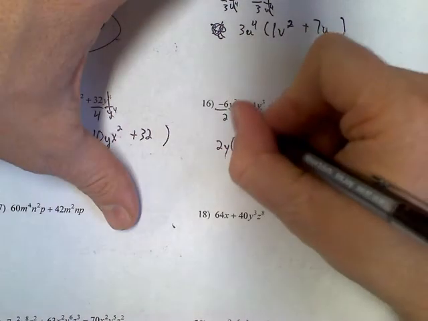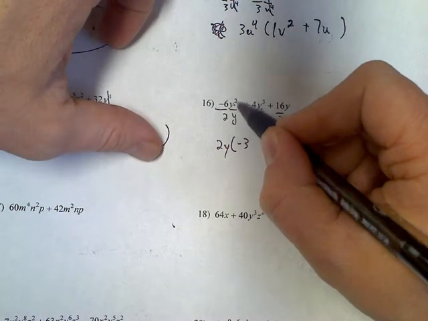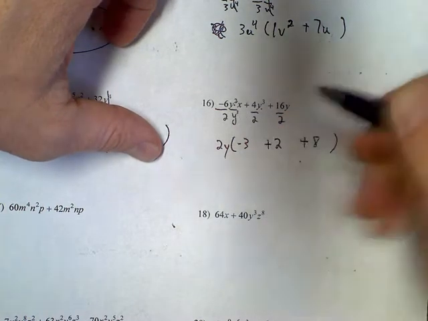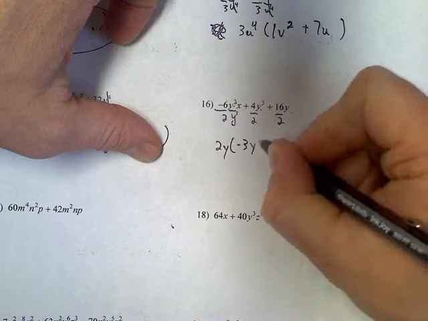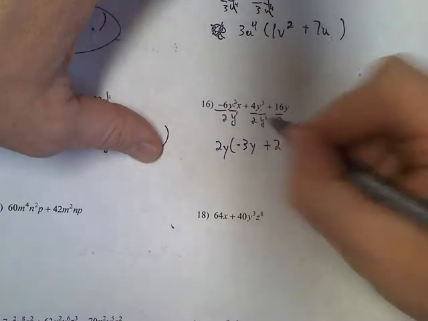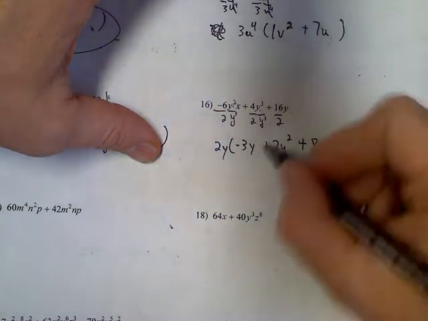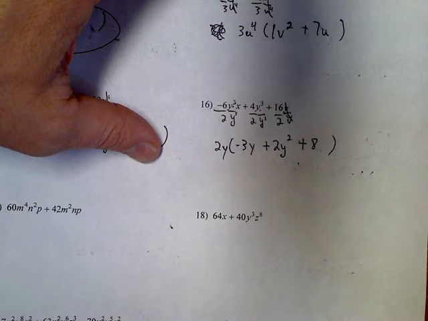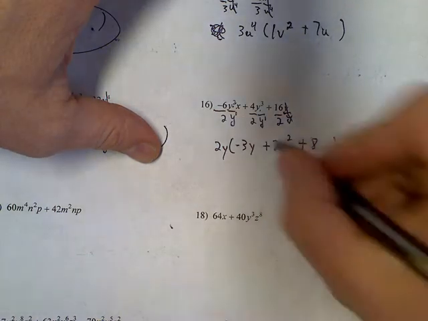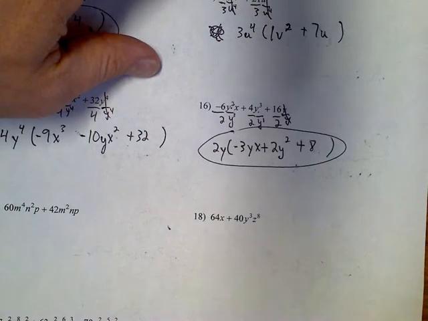So if I divide by a y, 2 minus 1 would give me 1, so I have 1 y left. If I divide by y here, 3 minus 1 would give me 2. If I divide by a y here, that goes away. This has an x, this doesn't, so the x stays here, and that's my answer.